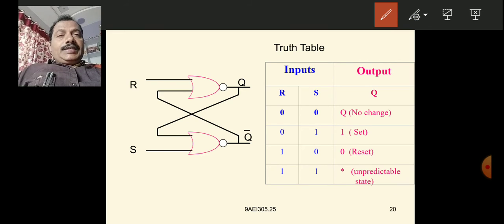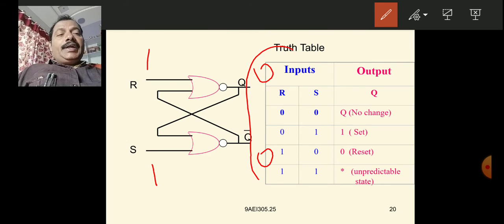Next, let us consider 1 1. Whenever 1 1, what happens? You can easily determine the outputs: 0 0. But this is prohibited. The outputs should not be the same, because outputs always must be complementary.